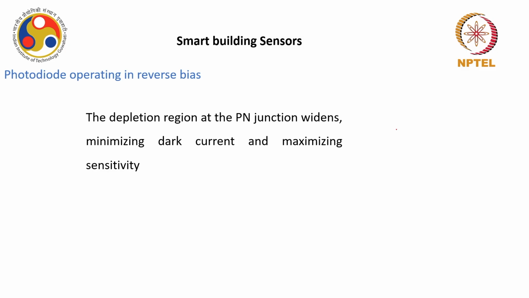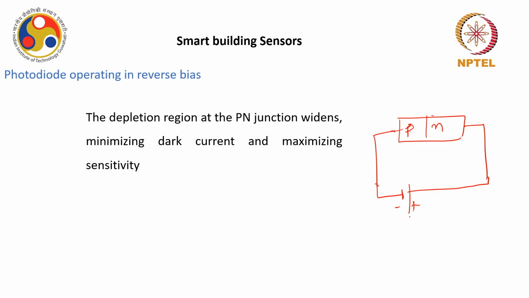What happens in the reverse bias condition? You have a P type and N type semiconductor, and for a reverse bias condition the P side of this diode is connected to the negative of the battery and the N side is connected to the positive terminal of the battery, right.